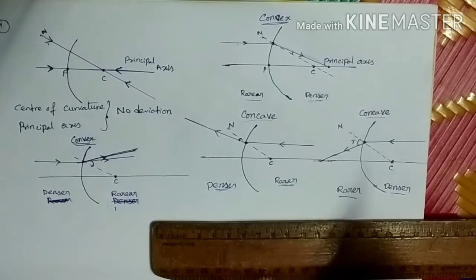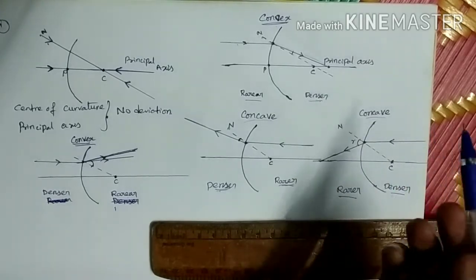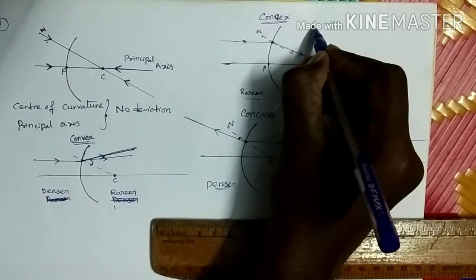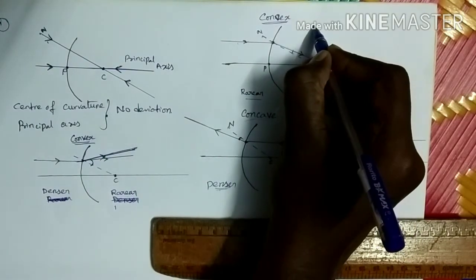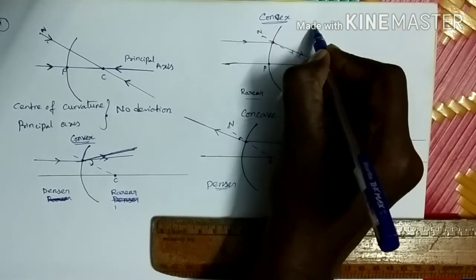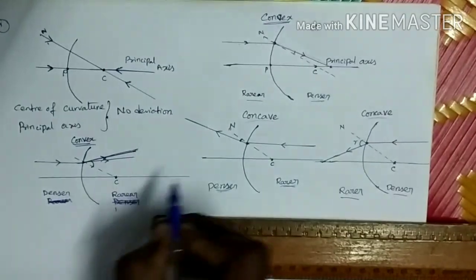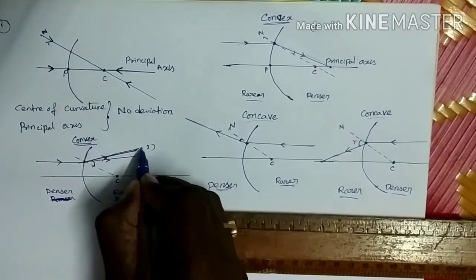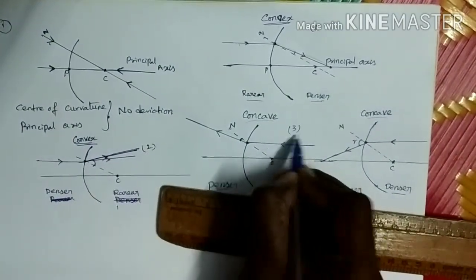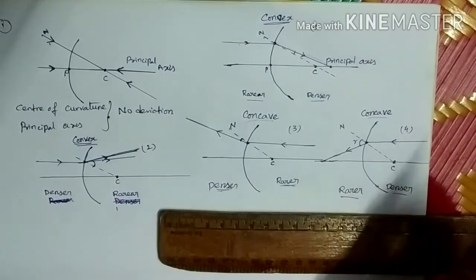Okay, that means you can observe that if we give numbers to these, this is the first, this the second, this the third, and this the fourth ray diagram.